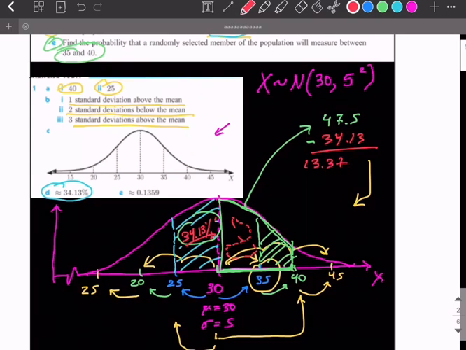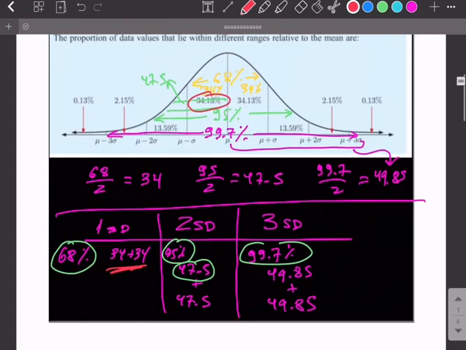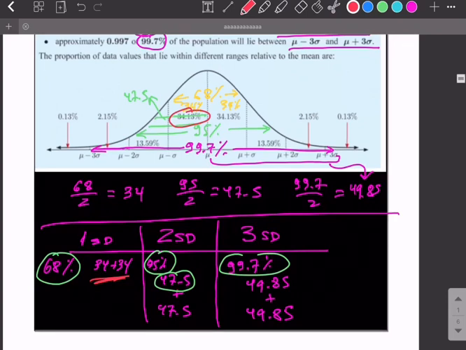Now you see here that I have 13.59. So let's discuss how this number came about. The book used these numbers here. So the book used just this number.